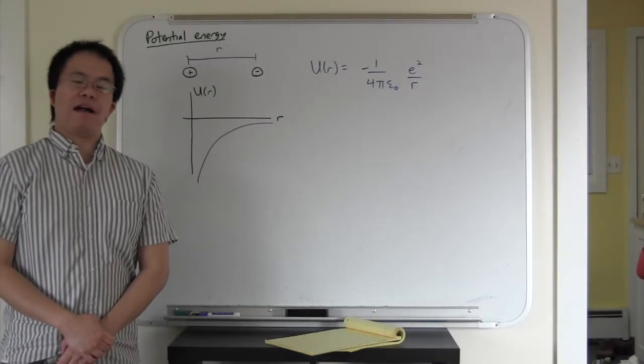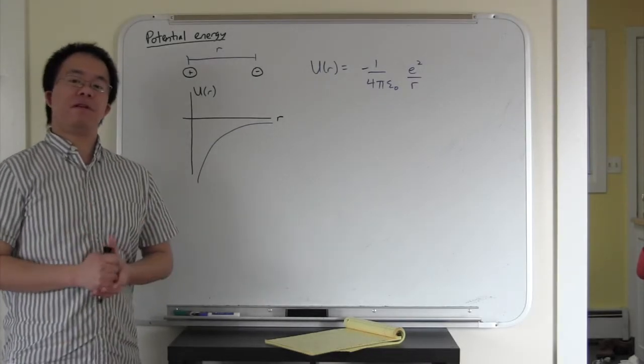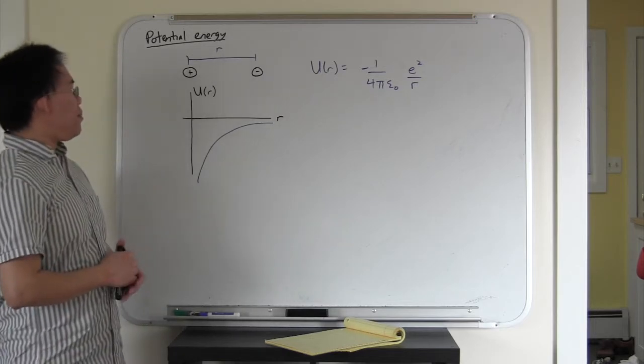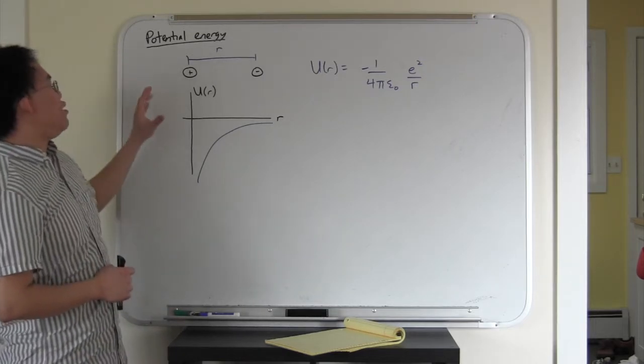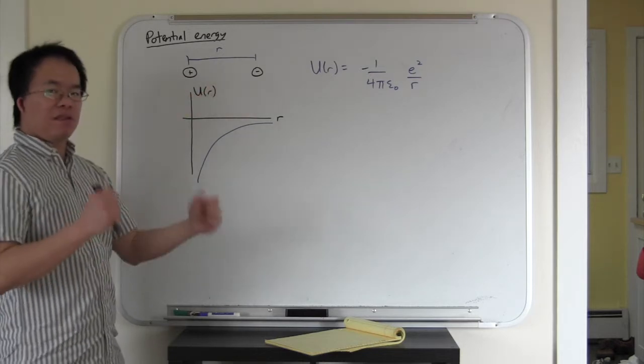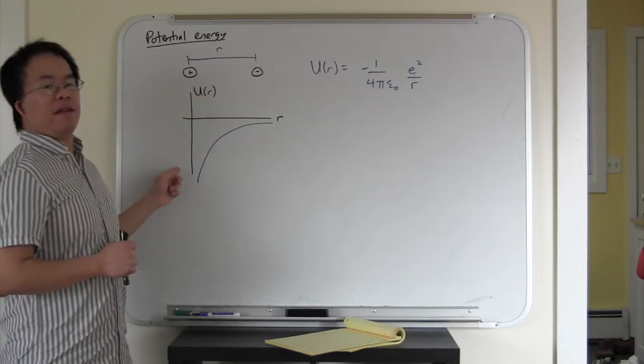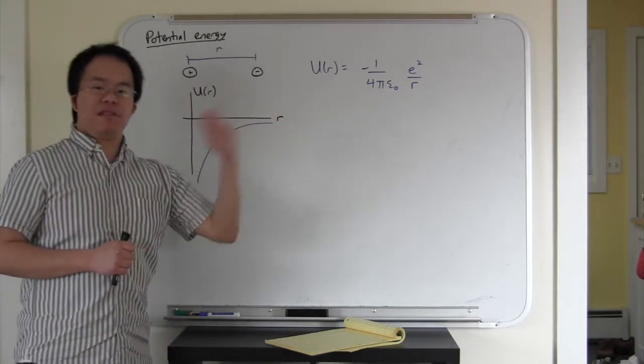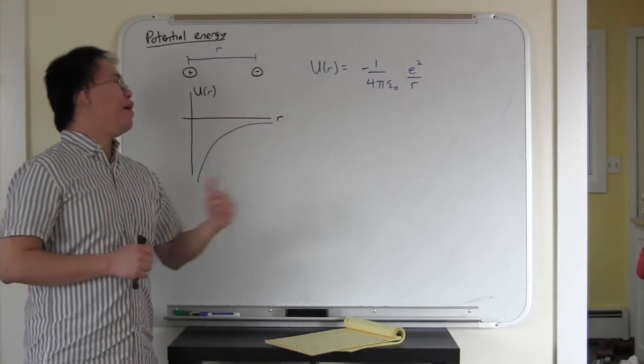So these are ideas that are hopefully familiar from Physics 118. So you might remember that the potential energy for two opposite charges takes on this form. It goes like 1 over r.